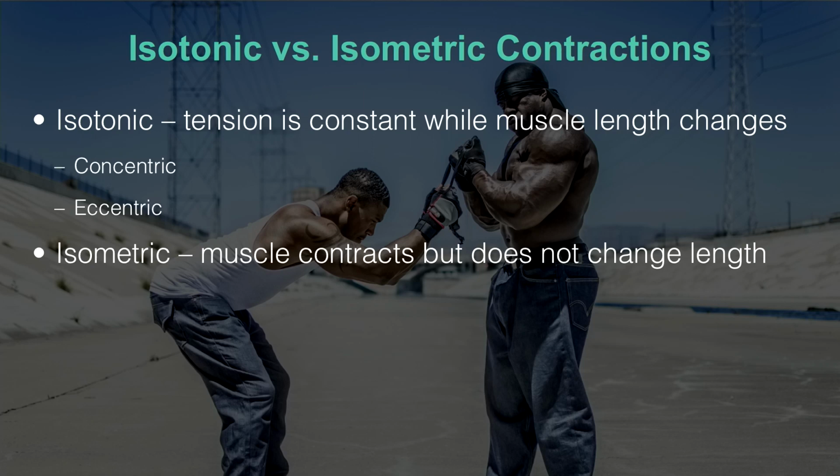That's an isometric contraction. If you close the angle at the elbow, that's a concentric contraction. If it opens, it's eccentric. And all that means is the force that you're applying is greater than the resistance if it's closing, and the force you're applying is less than the resistance if your arm is opening.